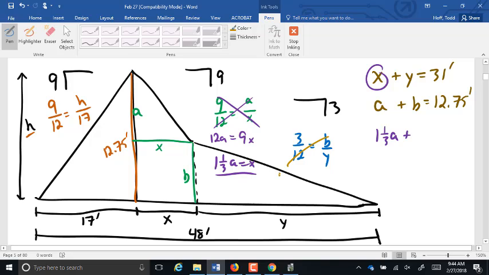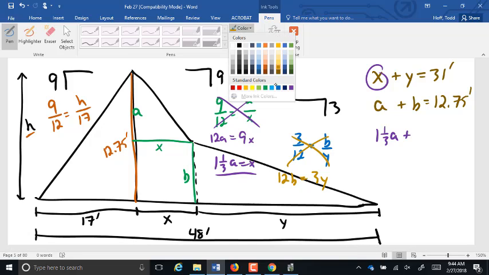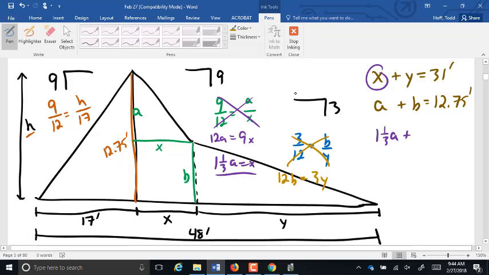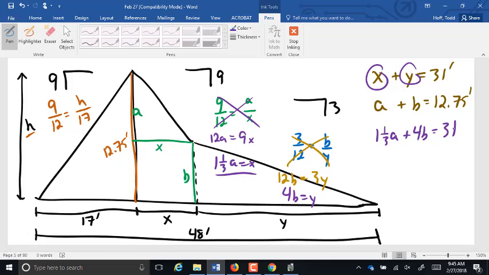So we got 12B equals 3Y. Dividing by 3 gives us 4B equals Y. So this Y is really 4B. So instead of X plus Y equals 31, we've got 1 1/3 A plus 4B equals 31.